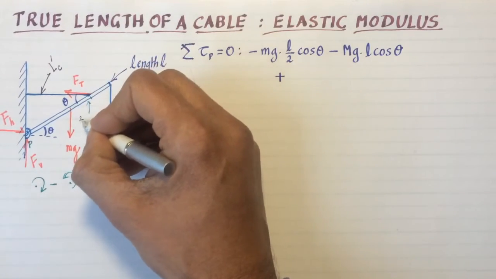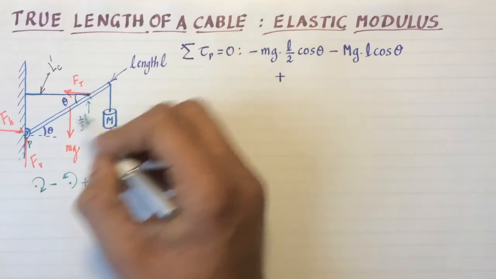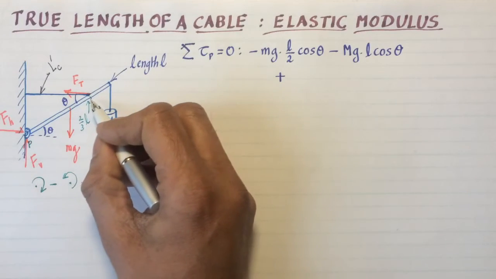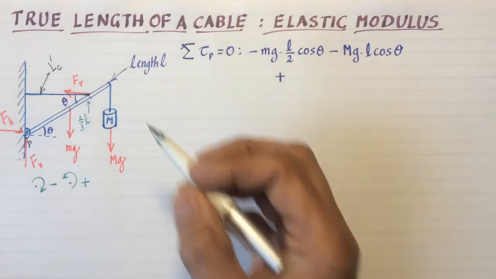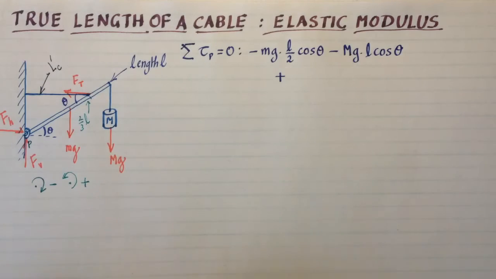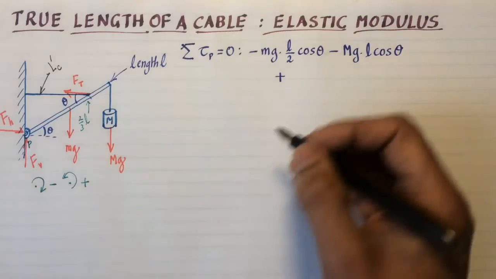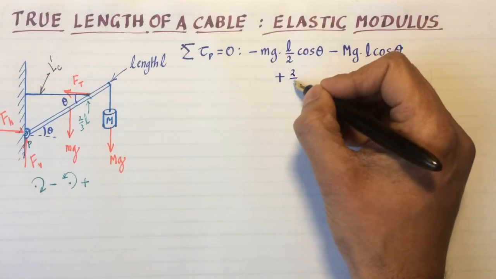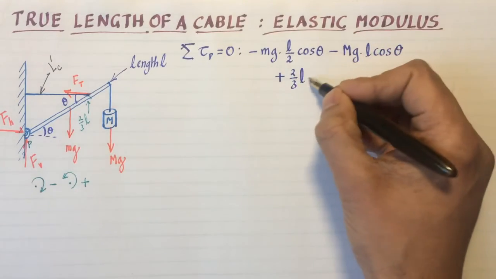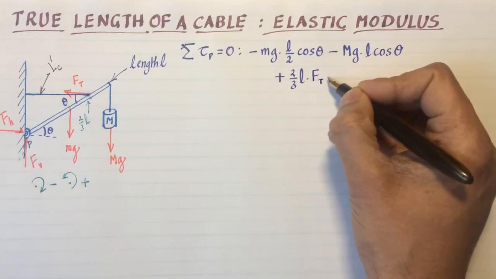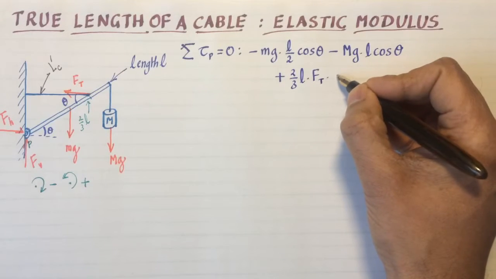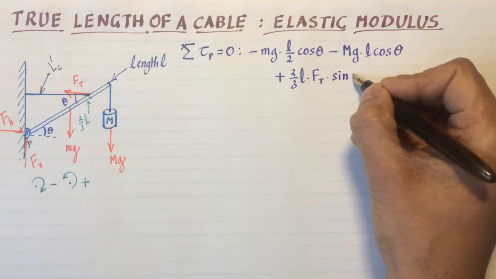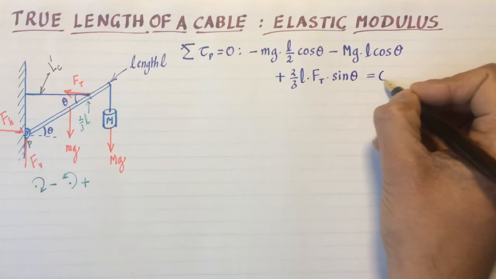This is attached at the 2/3 L point, in other words, 2/3 of the length from the pivot. That's where the attachment point occurs for the cable. So the torque is given by 2/3 L times the tension force times the sine of the angle between the two, and all that should be equal to 0.